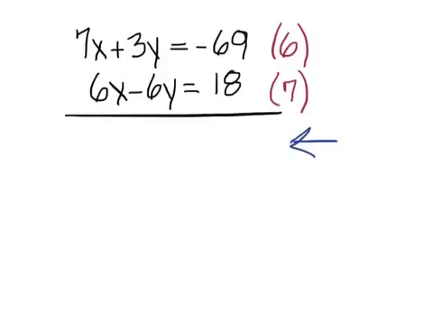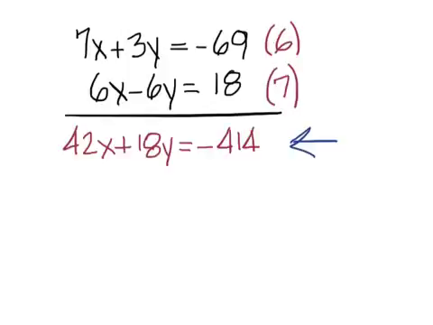Yeah, plus 18y, right? And then -69 times 6. That's right, 42x plus 18y equals -414.